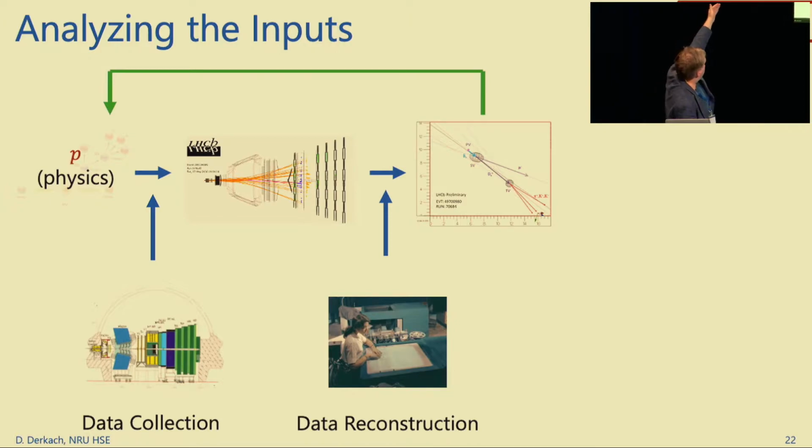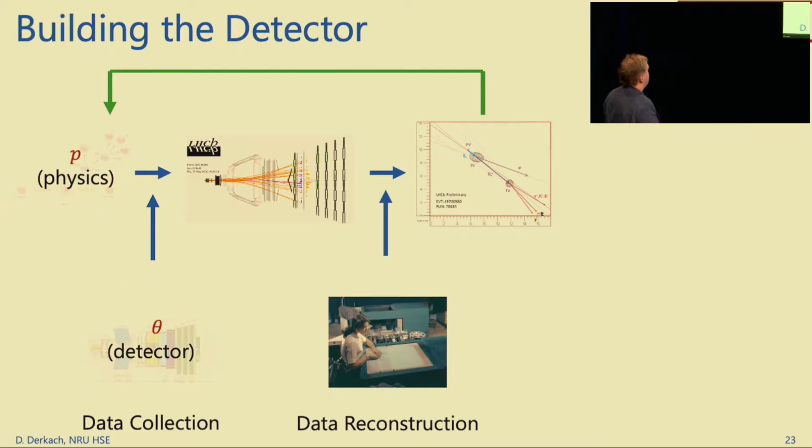So we have real physics, and the physics has parameters like p, for example. Then we have a detector that is running and trying to extract what is happening inside the collider, and the detector also has its own parameters, theta.